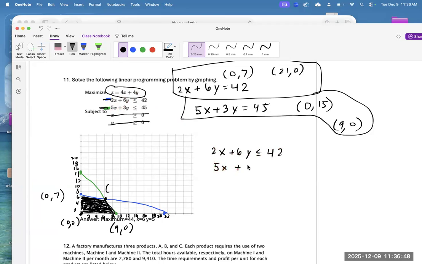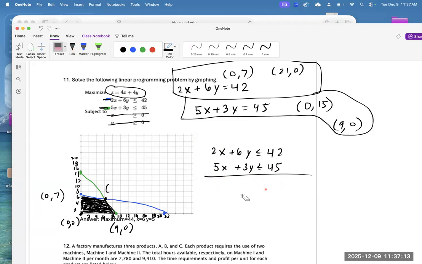I'm just going to focus on the y values. So if I add these equations now, I would get 7x plus 9y equals 87.